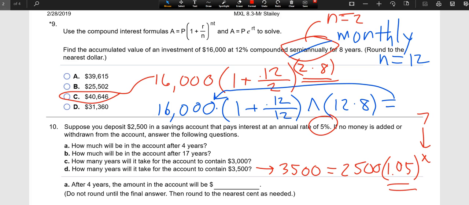Okay, so you should get a number larger than 40,646, okay? Okay, now, what I would like you to do is subtract the number that you found on your calculator from that number on choice C to tell me how much more interest you would get.